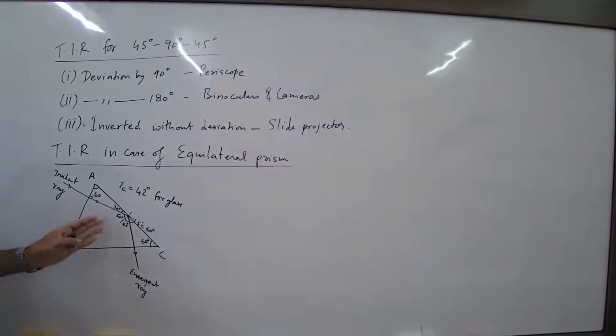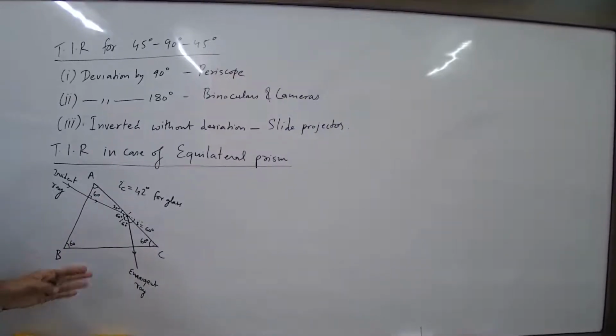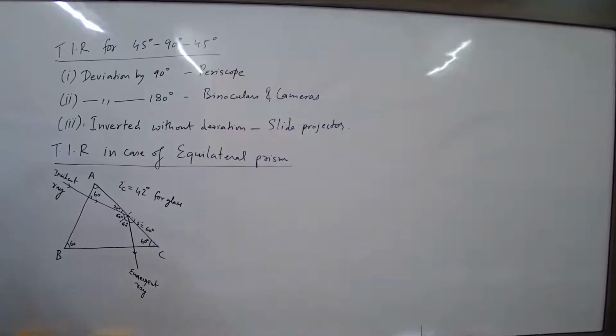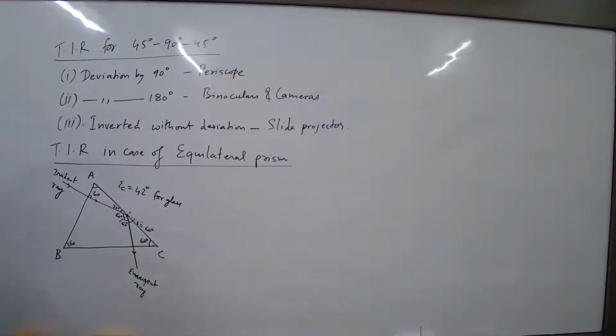So where do we use it? In various optical devices, right? There could be a question: draw the ray diagram for total internal reflection by a prism which gives you angle of deviation 60 degree. Then you have to actually draw this. Okay?